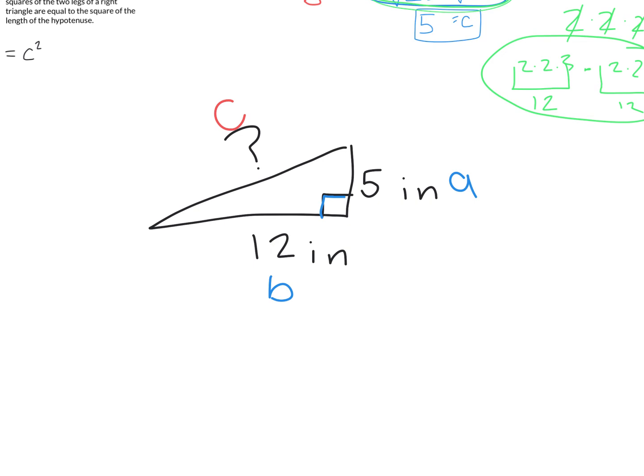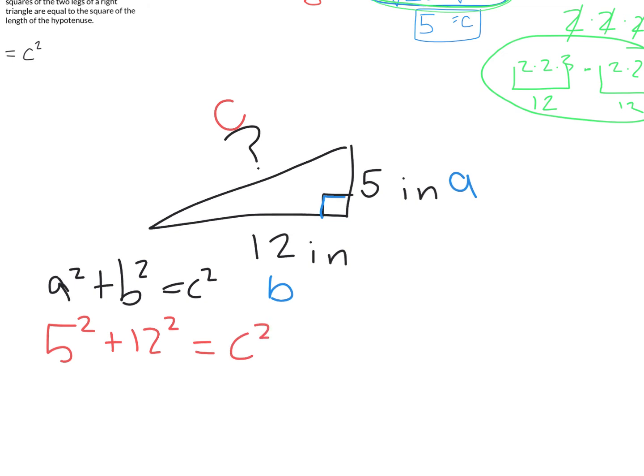And we know that the Pythagorean theorem is A squared plus B squared equals C squared. So we can go ahead and plug in for A, 5. So 5 squared plus B, which is 12, 12 squared, is equal to C squared.